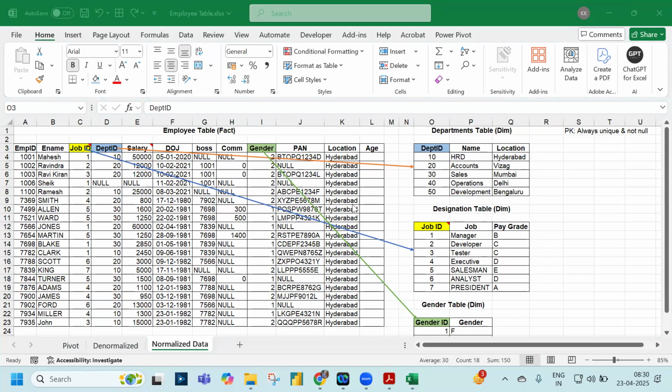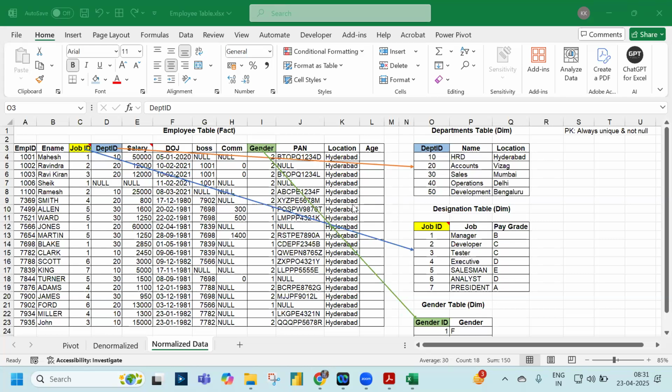One final check. A foreign key, can it have any nulls? No. Others, can it have nulls?